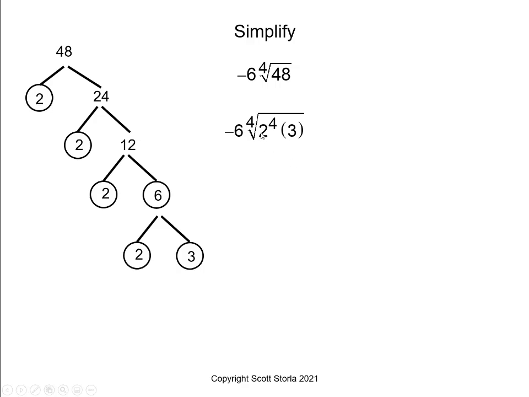For the base of 2, 4 goes into 4 once, so there'll be one factor of 2 outside with remainder of 0. So there'll be no factors of 2 inside. And for the base of 3, I would need at a minimum 4 factors of 3 to get outside. I've only got 1, so this is going to stay in the radicand. Last, I'll multiply negative 6 and 2 and get negative 12.